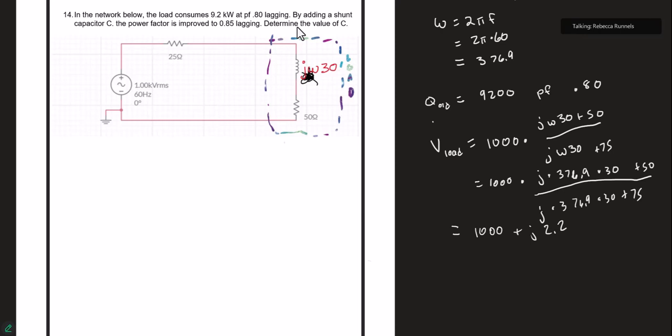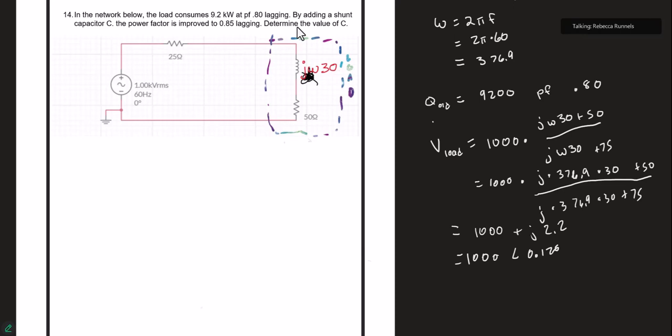And yeah, I did a bad problem. Yeah, 1,000 angle 0.126. Yeah, that's what I get. So this is not the best problem.